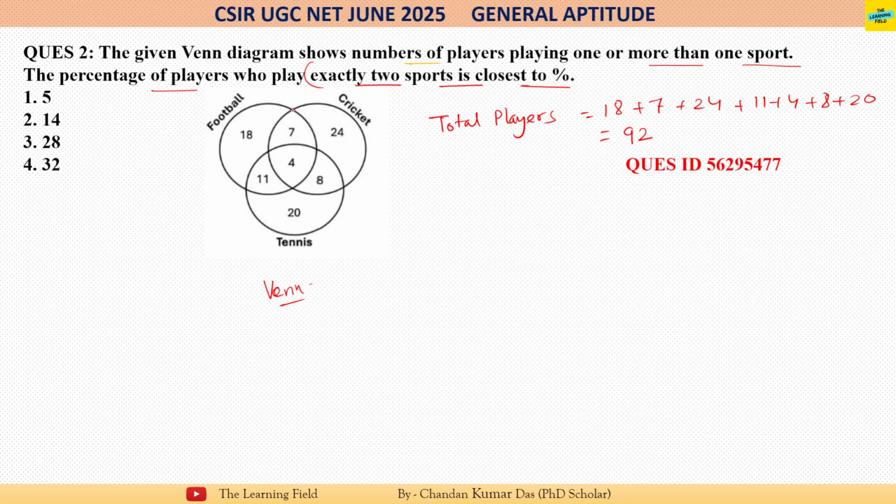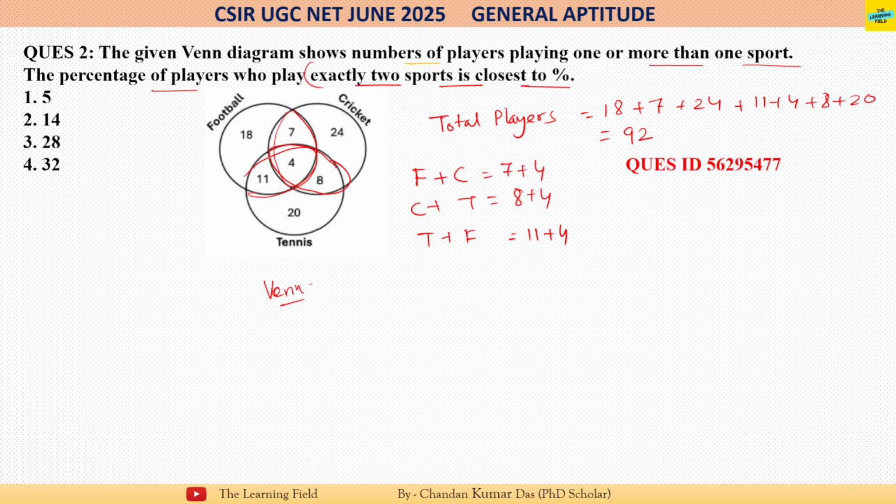So exactly two means first football plus cricket, this is 7 plus 4. Then cricket plus tennis, this portion, is equal to 8 plus 4. And this portion is football plus tennis, which is equal to 11 plus 4.